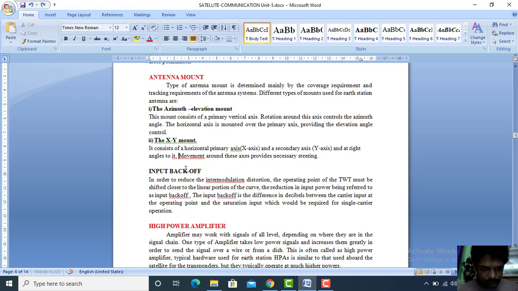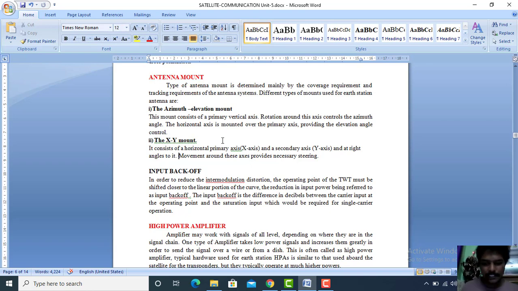So this azimuth and elevation mount helps you to see the signals, the vertical and the horizontal.